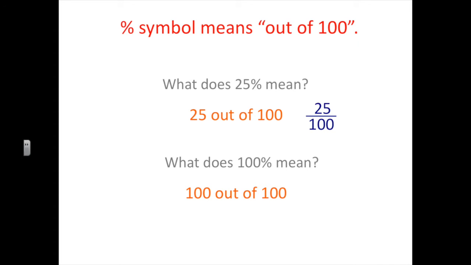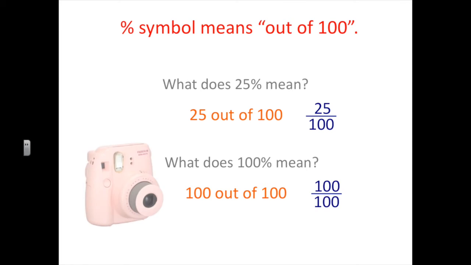Well, we could write that as a fraction, with 100 in the numerator and 100 in the denominator. And think about that one. If we were to simplify 100 out of 100, it would be one whole, right? Because we could divide both the numerator and denominator by 100. So 100 out of 100, or 100%, is the same as one whole.